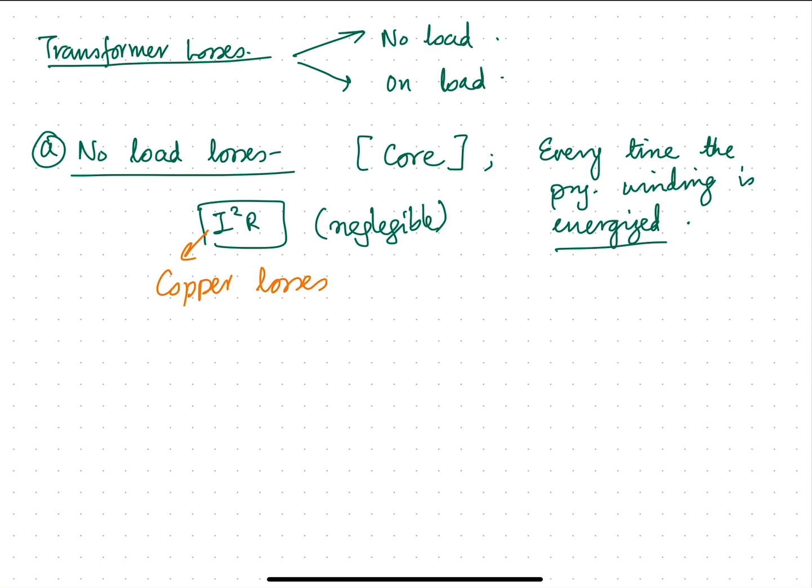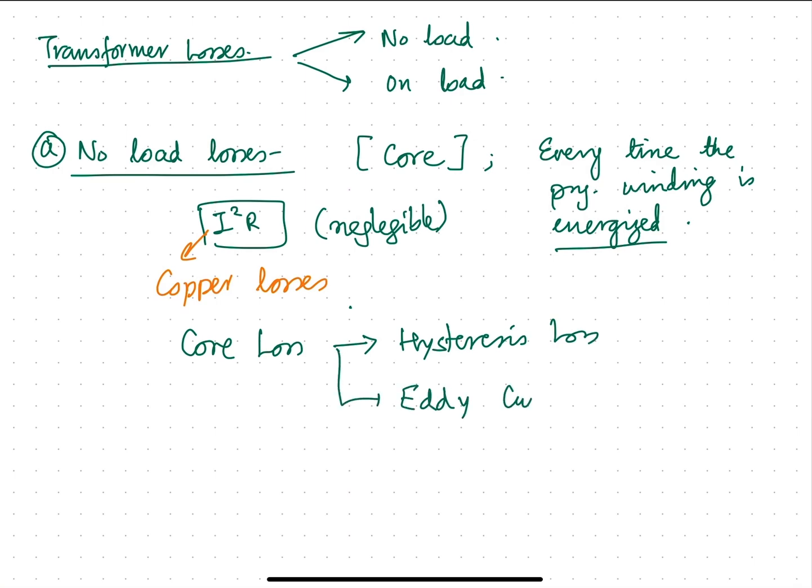The core loss, which is another name for the no load loss, has two components. It is the hysteresis loss and the other is the eddy current loss.